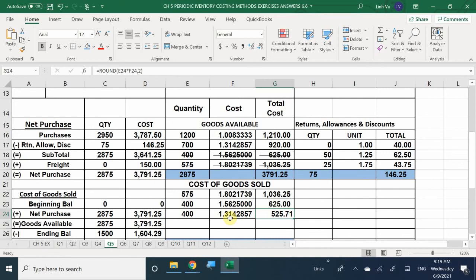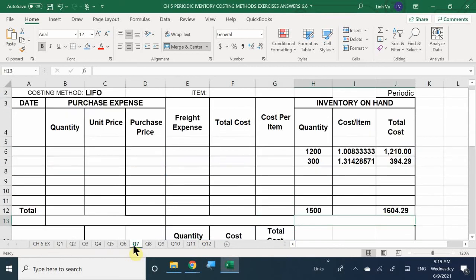So let's go ahead and fill in our little table here. This is just transferring them over, because my first thing is to recognize that I have beginning inventory. This is what's currently in my inventory right now. I have two batches, one for 1200 and one for 300. I'm keeping them exactly like this, as separated batches, because each batch is going to have a specific cost per item.